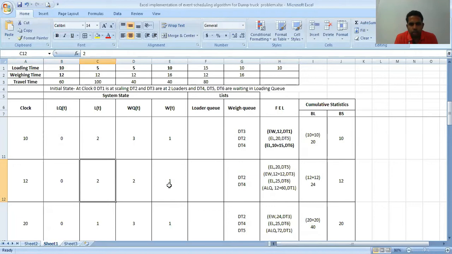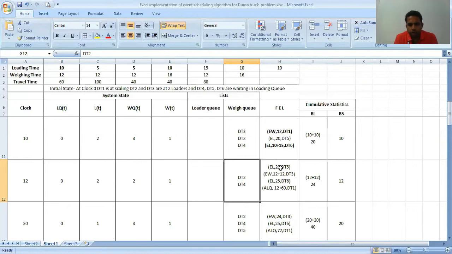And because you have removed the notice of the end of weighing, WQT has to be decremented because one of the dump trucks has to go from the queue to the scaling machine. So W of t remains as 1 and the weighing queue will have DT3 removed, and DT2, DT4 are still waiting in sequence.